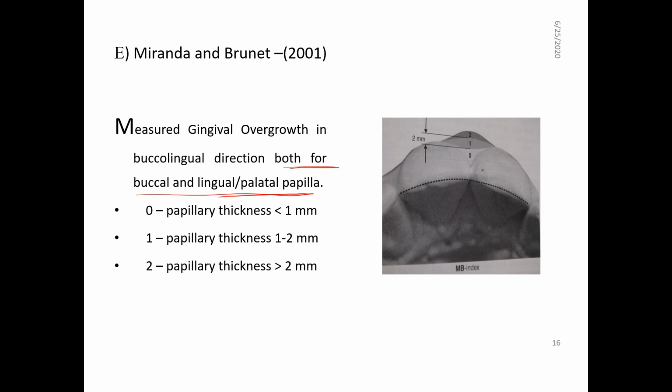So if the papillary thickness is less than 1 mm, then the score of 0 is given. If the papillary thickness is between 1 to 2 mm, then score of 1. And if it is greater than 2 mm, then score of 2 is given. Now here just remember that they have emphasized their grading or their scoring only on the interdental papilla.